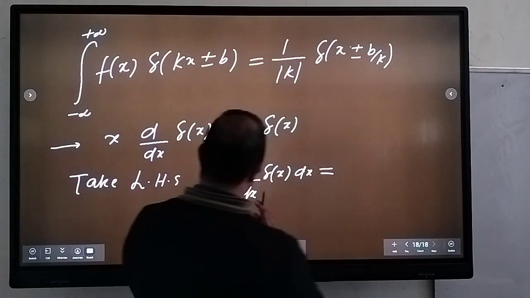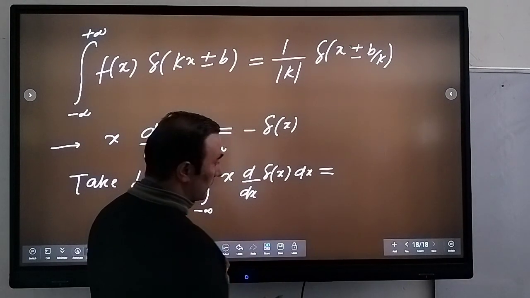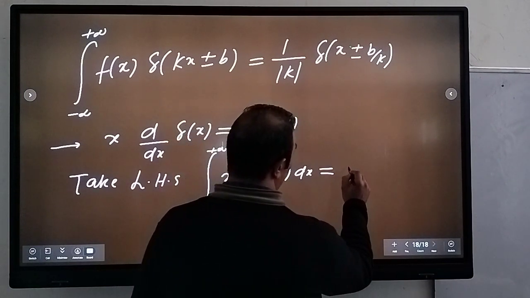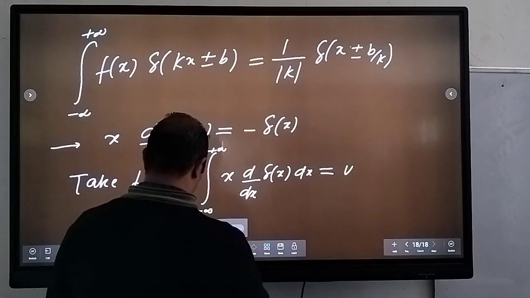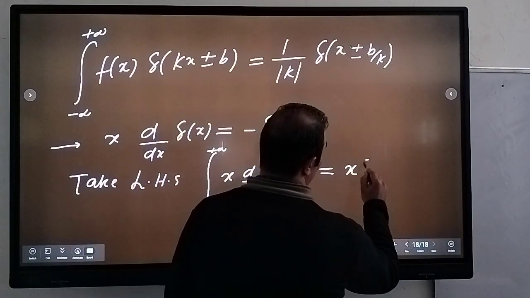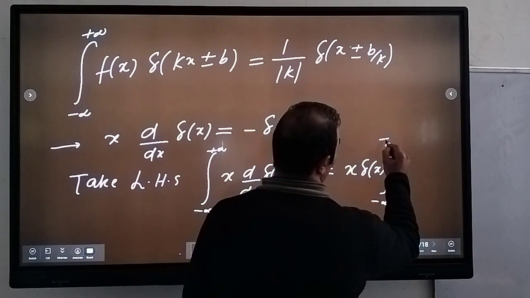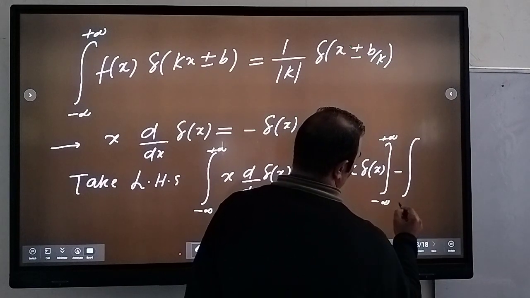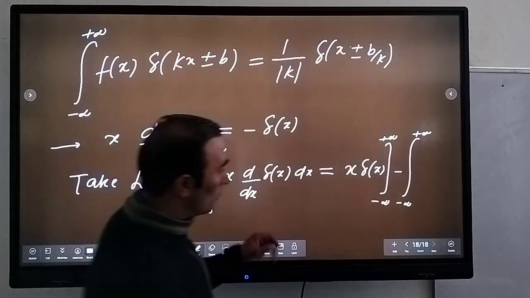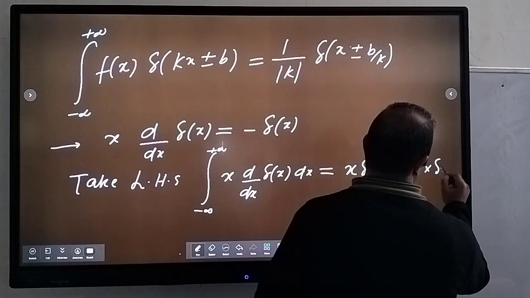So we take the differential part and the integral part and integrate this by parts, u integration of v. So x delta of x from minus infinity to plus infinity. Now we take the differentiation of x, that is equal to 1, and the integration of d by dx of delta x, that is delta of x.